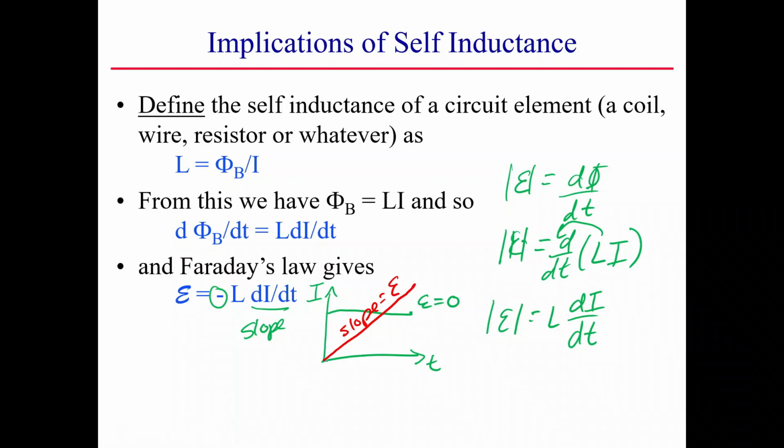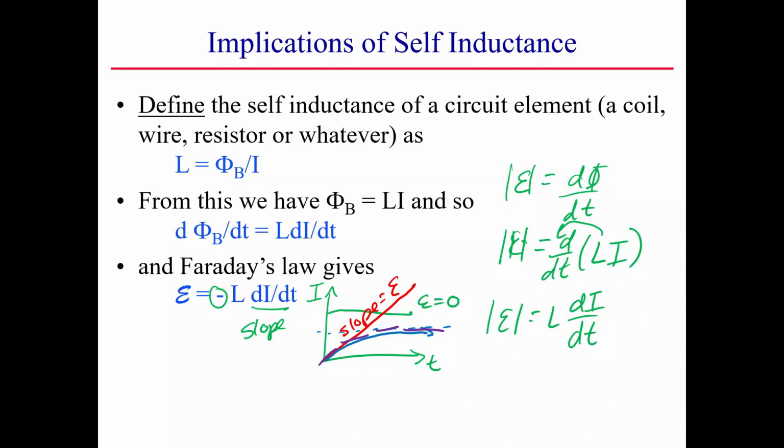But we could even have situations where the current reaches an asymptote. We saw this with capacitors, right? If you have an asymptote, then that slope is going to be changing at every instant. And so our induced EMF is going to be changing at every instant.